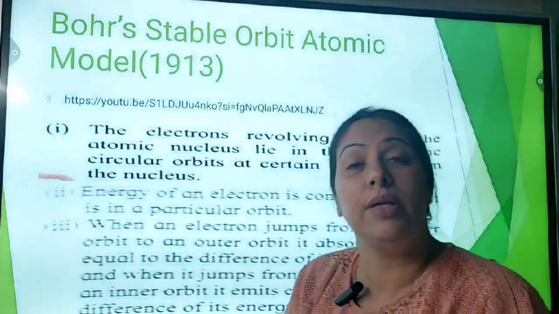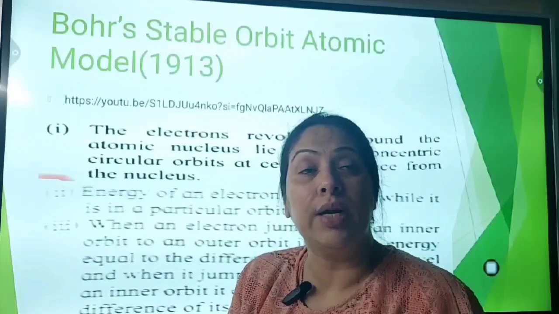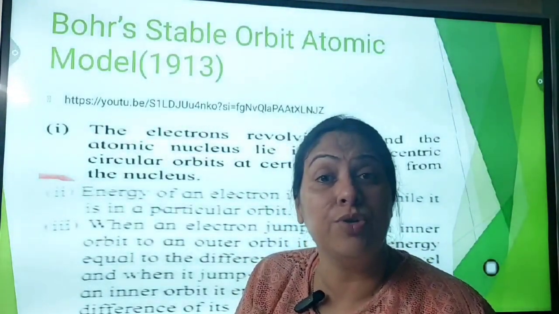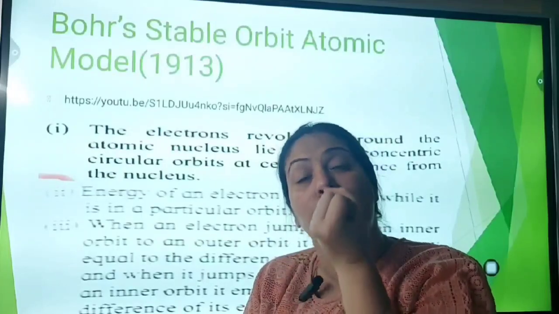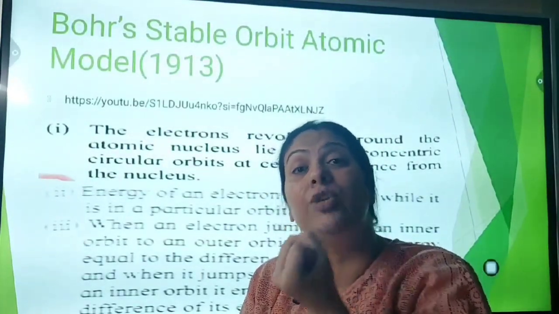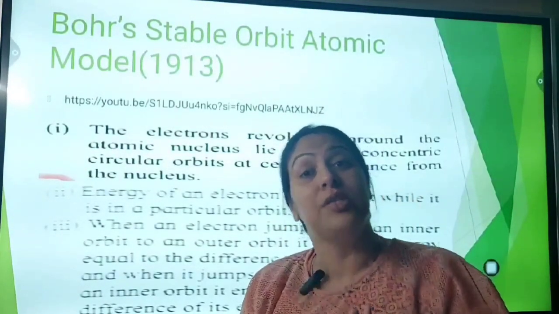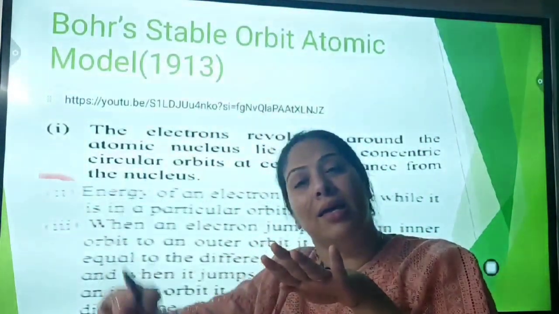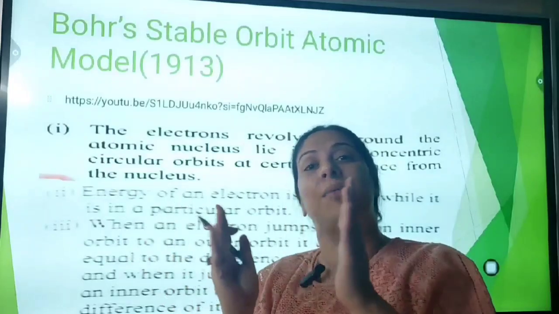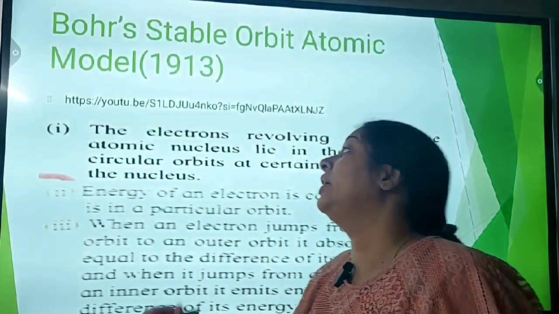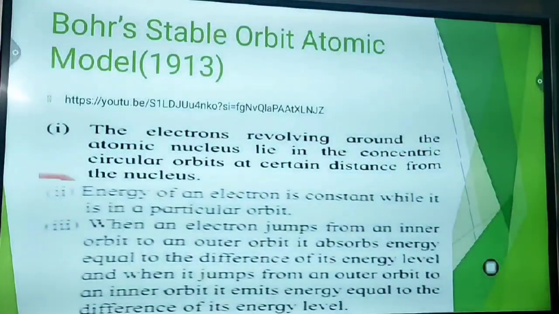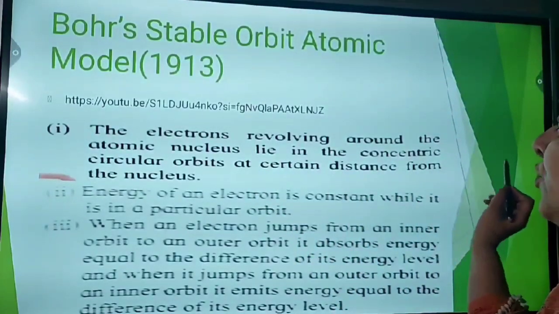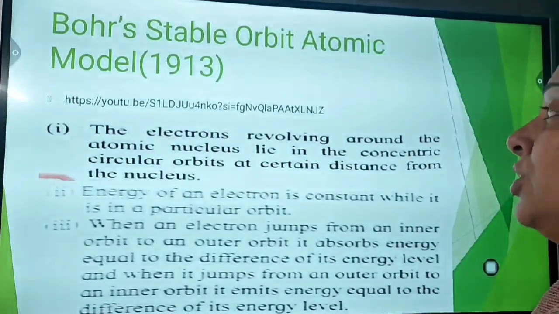Children, what is the charge of the nucleus? Since the nucleus has protons, which are positive, and neutrons, which are neutral, the overall charge of the atomic nucleus is positive. Alright, which is then balanced by the same number of electrons revolving around it, lying in concentric circular orbits at certain distances from the nucleus.